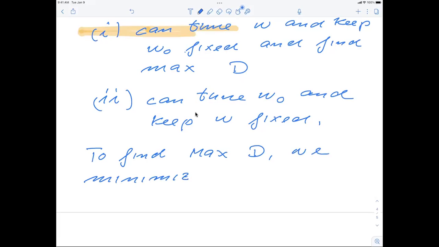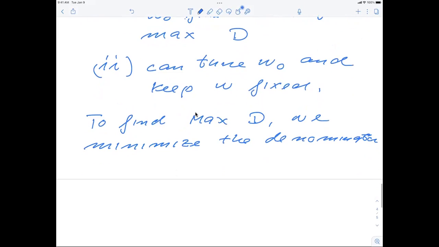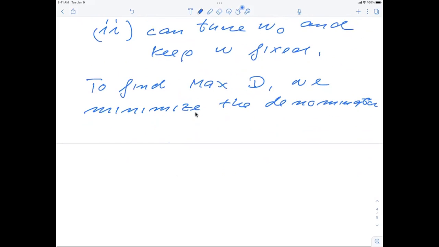Whether I take the maximum of D squared or the maximum of D, it doesn't matter. It's actually easier to take the derivative of the denominator squared. So what I'm going to do now is simply to find the quantity which minimizes the denominator.